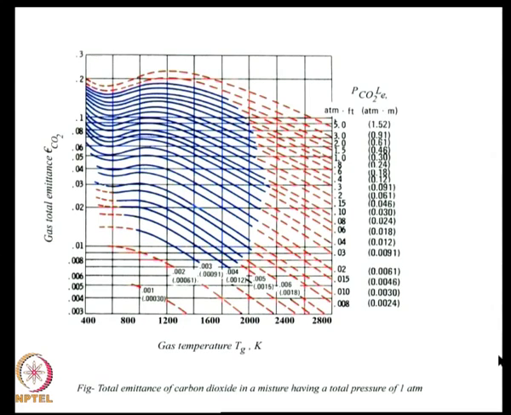Here is an example of carbon dioxide, whose emissivity goes from 0.003 to 0.3, and temperature from 400 to 2800 K. Once more we see that there is a region where gas temperature does not influence the emissivity too much, but at very high temperature, once more all the radiation from the black body goes to lower wavelength regions, and hence the emissivity starts falling, because of the bands which we discussed earlier.